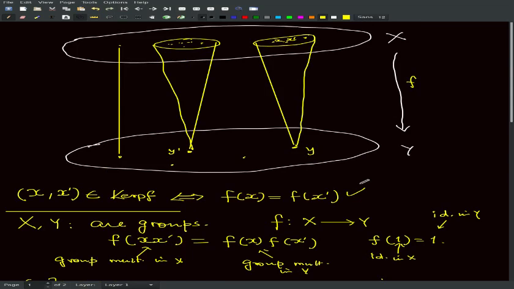So kernel pairs are essentially, and that's why the name kernel pair, because you are taking this pair of objects.